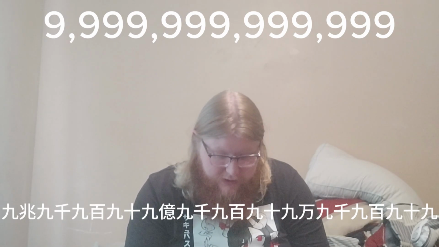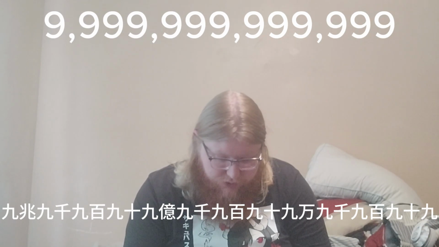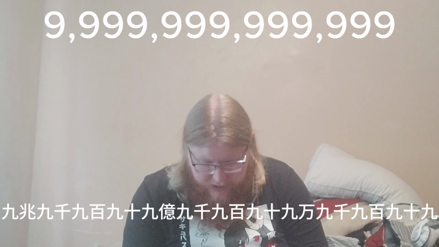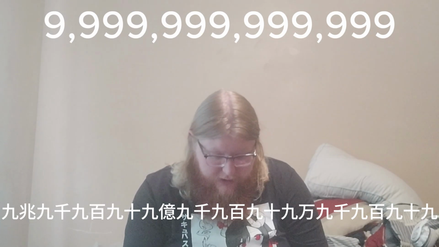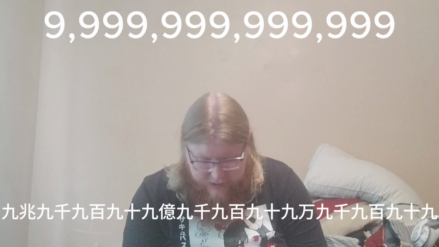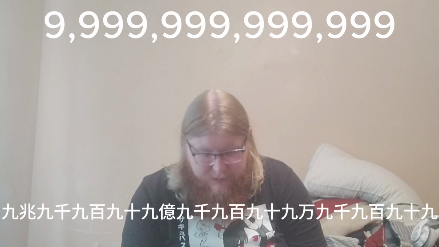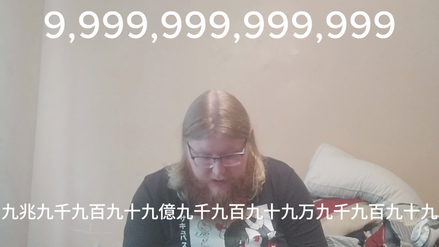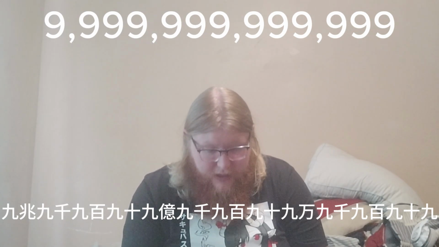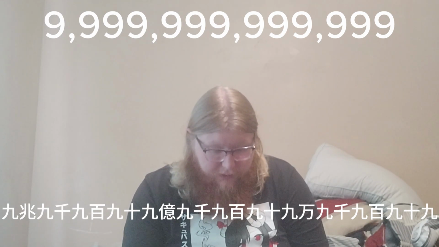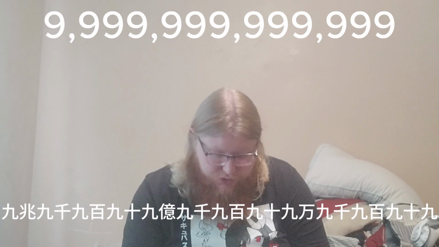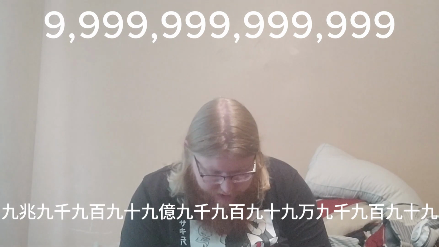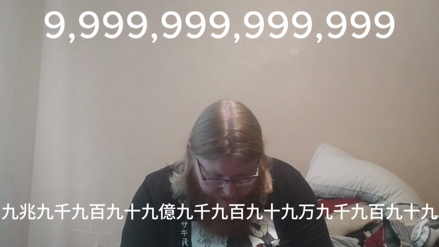Next to that, another Ju. Next to that, another hyaku. Next to that, another sen. And next to that, we get our final thing, which is the Jo or Cho, and I'm about to figure out which is.